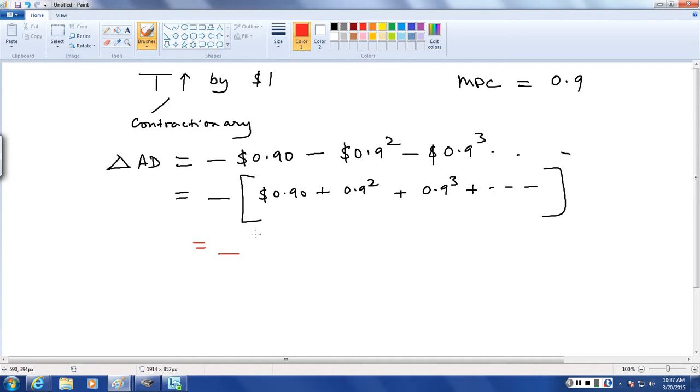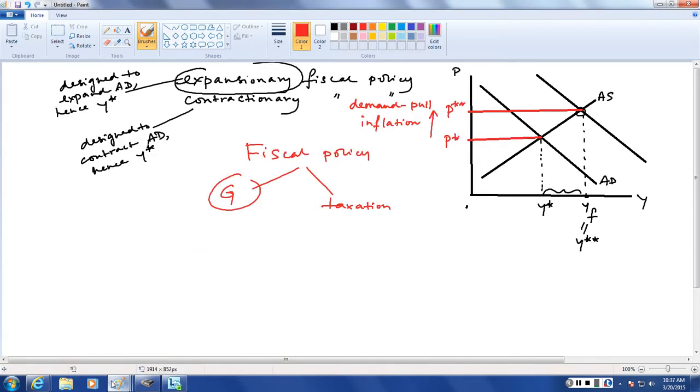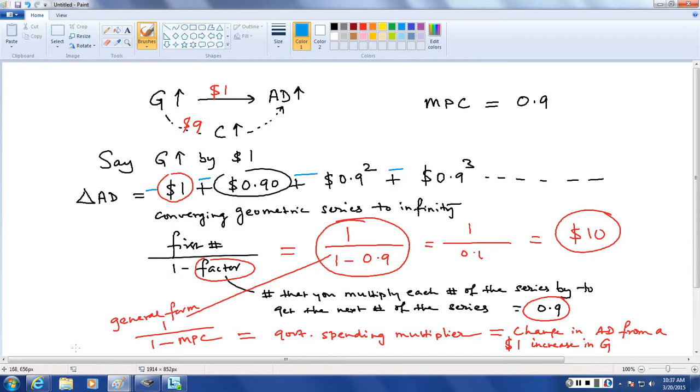Big minus sign, and then? What's the formula? Come on. Isn't that the formula?